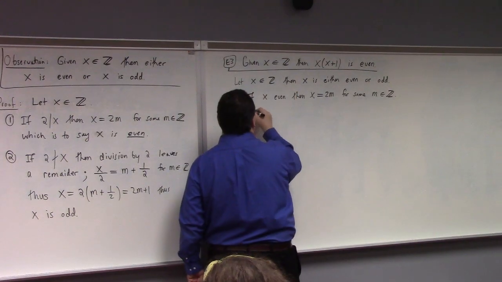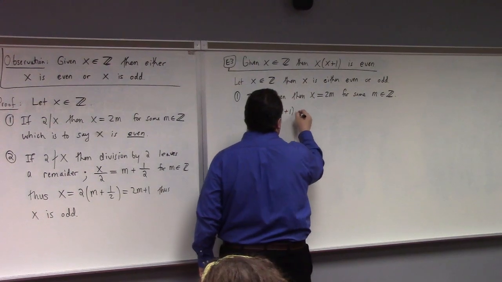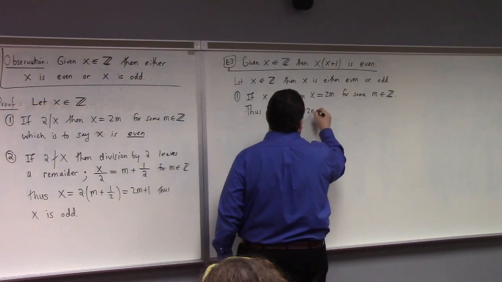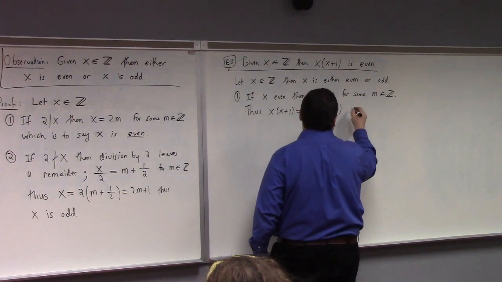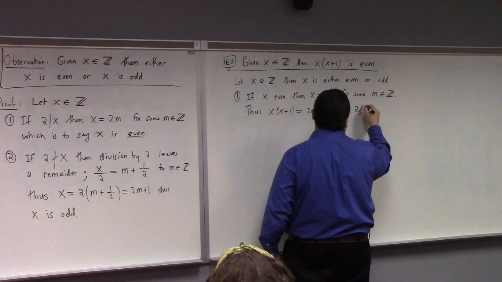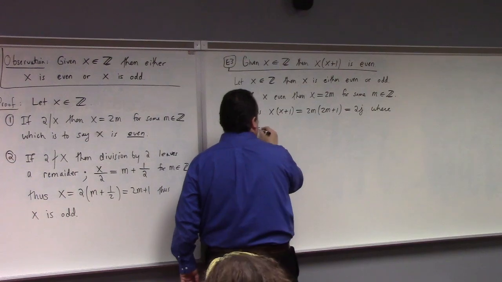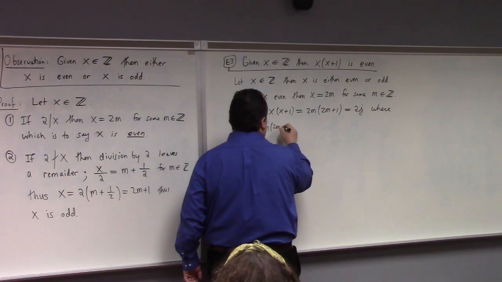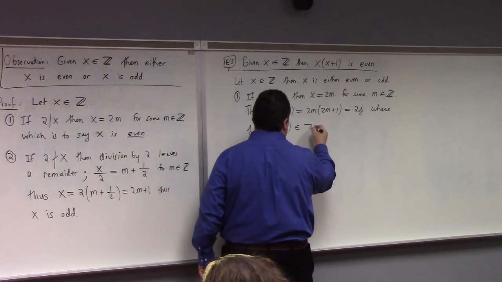Thus, x times x plus 1 is equal to 2m times 2m plus 1, which I would emphasize is twice j, where j is equal to m times 2m plus 1, which is an integer.